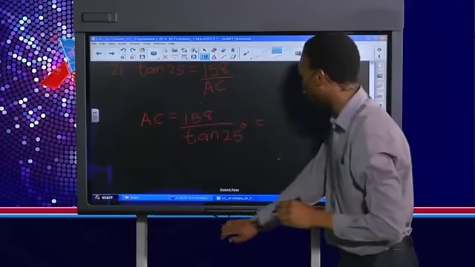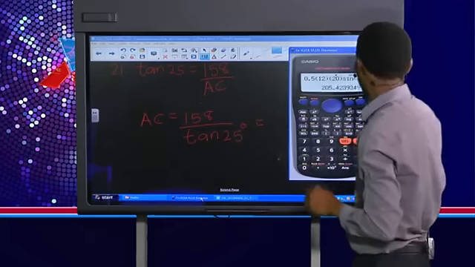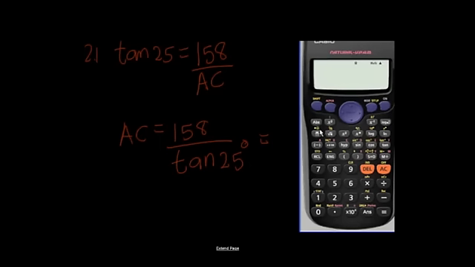Let's bring up our calculators. Let's clear that. So it's going to be 158 divided by tan of 25 degrees. And what does that give us? Again, it's an error.